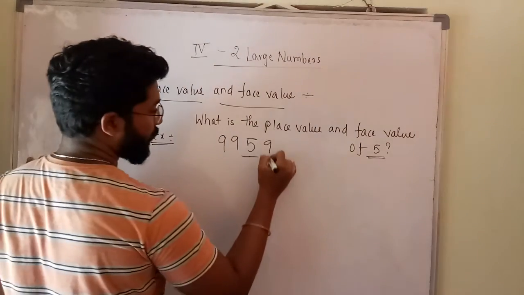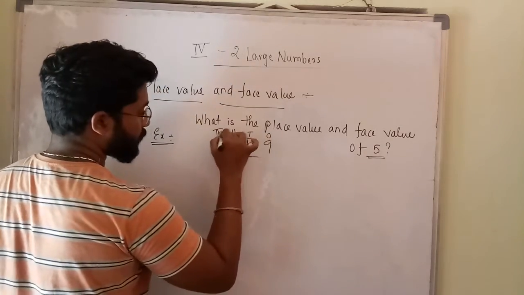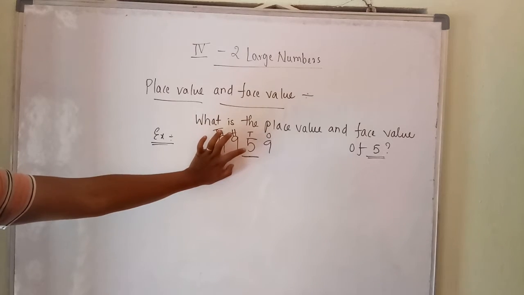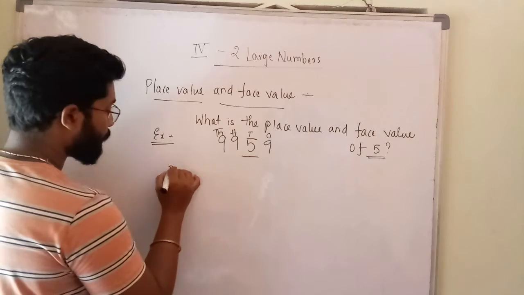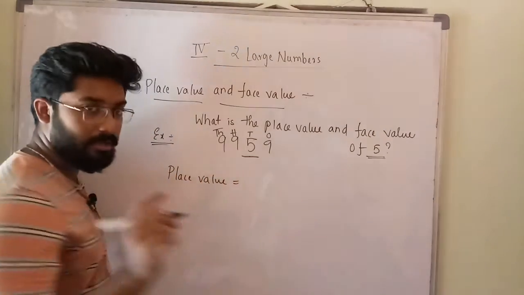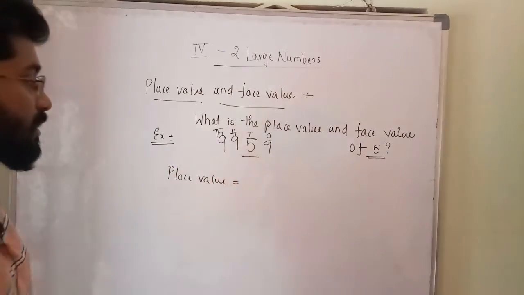So this is the ones place, tens place, hundreds place, thousands place. Here he is asking about the place value and face value of 5. This is not given in your textbook; for your clear understanding I am saying this.